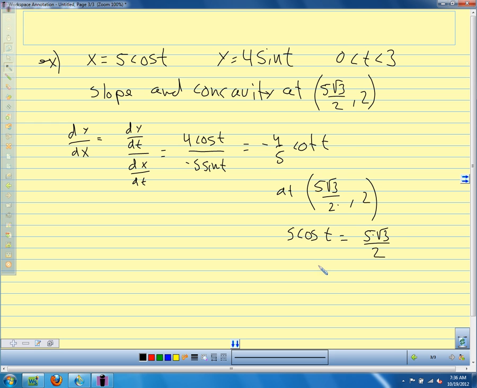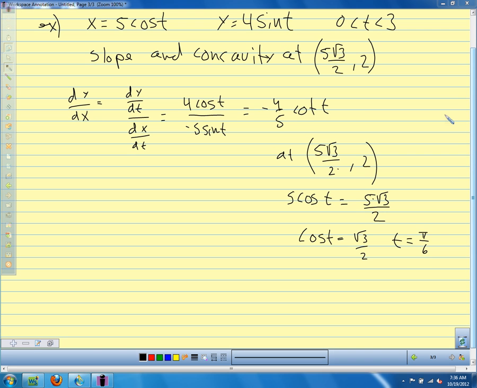All right, so cosine t equals square root of 3 over 2. So t equals what? Pi over 6, right. There we go. So we know that t equals pi over 6.